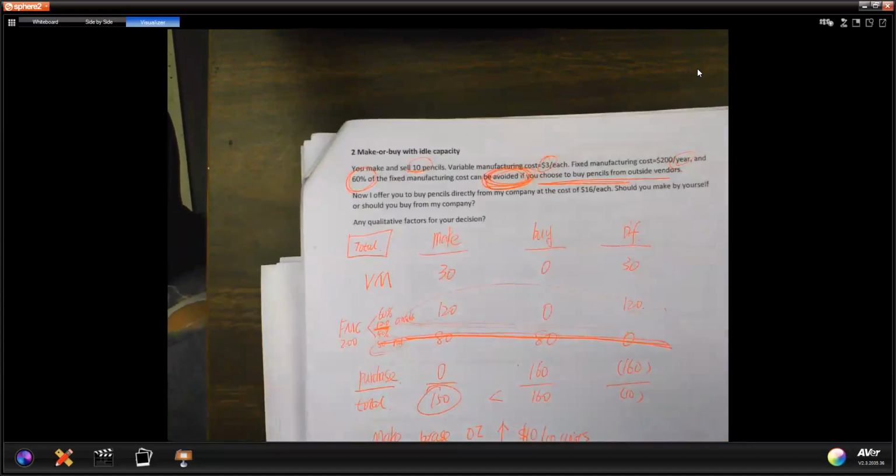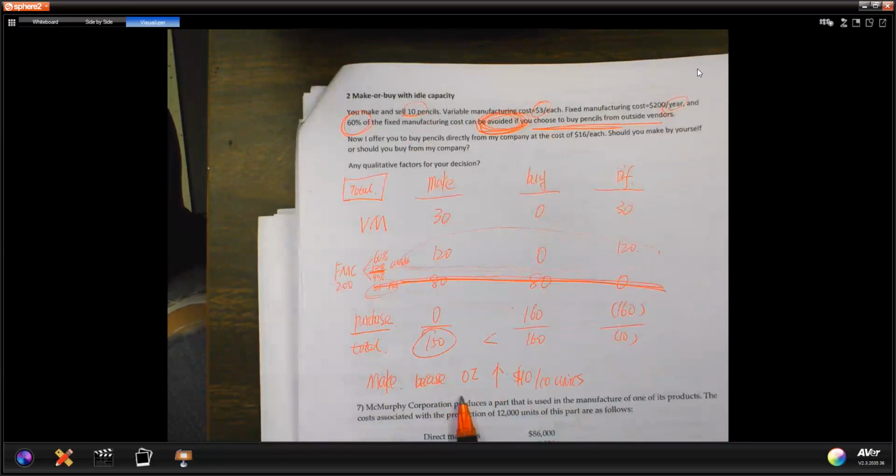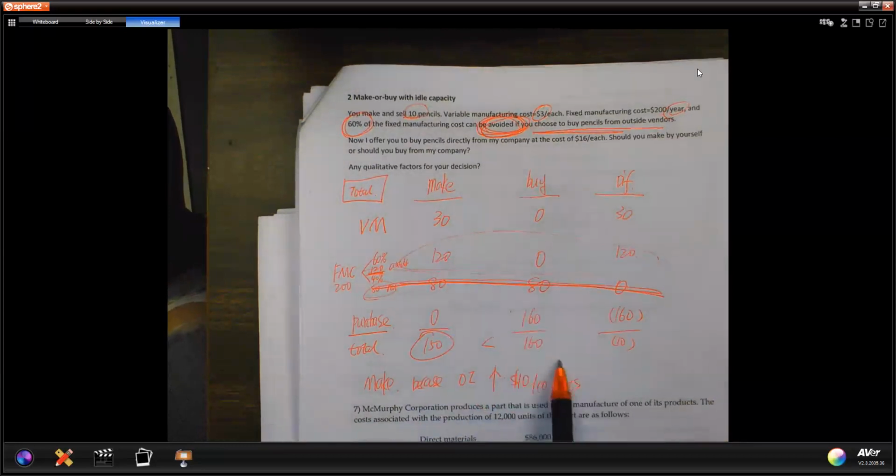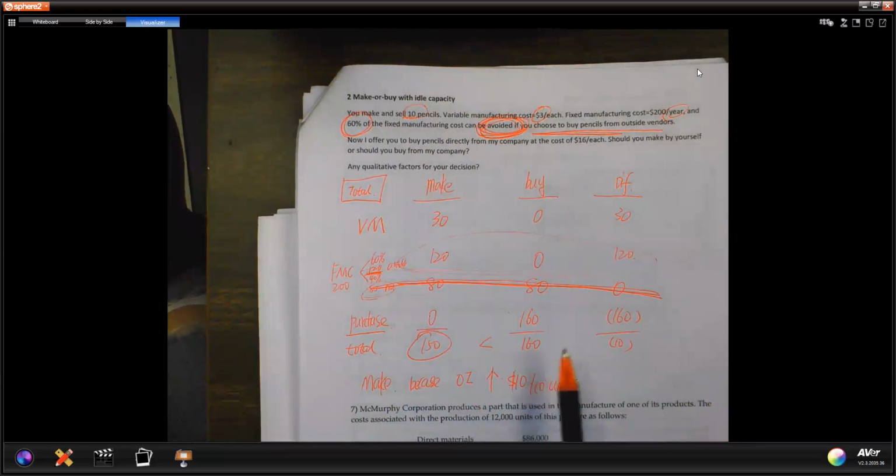From page 5, without any opportunity cost, I say you should make, because your operating income will be $10 more: if you make, the total cost is $150, but if you buy, the total cost is $160.